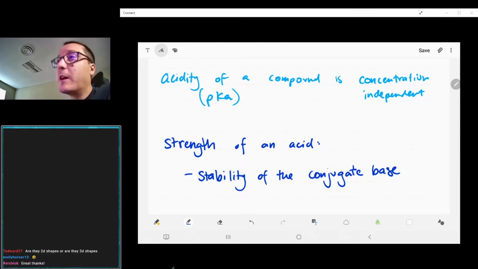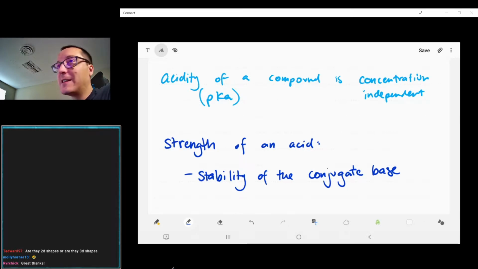That's really what is going to be the most important factor in determining how strong an acid is going to be. There's going to be a number of ways we can stabilize conjugate bases, but typically we're going to look at a couple of those.